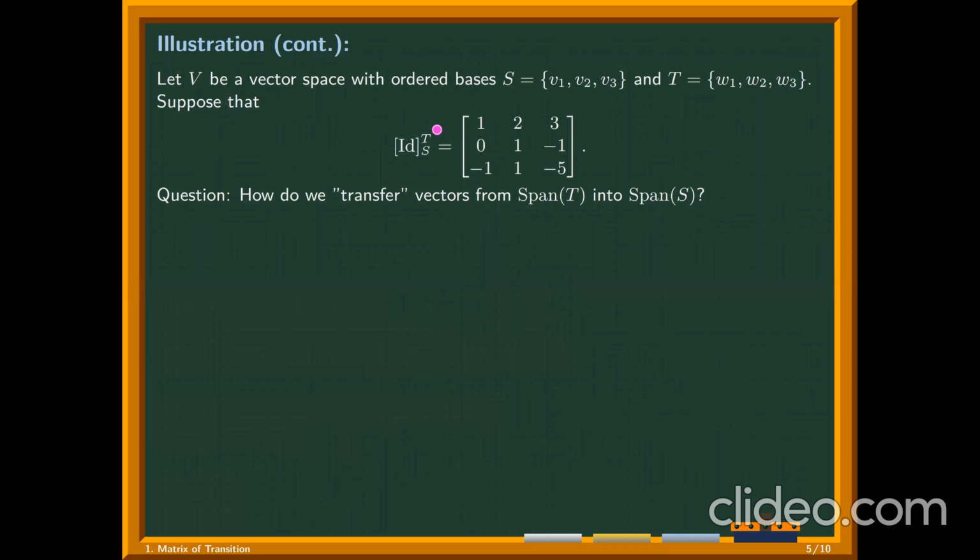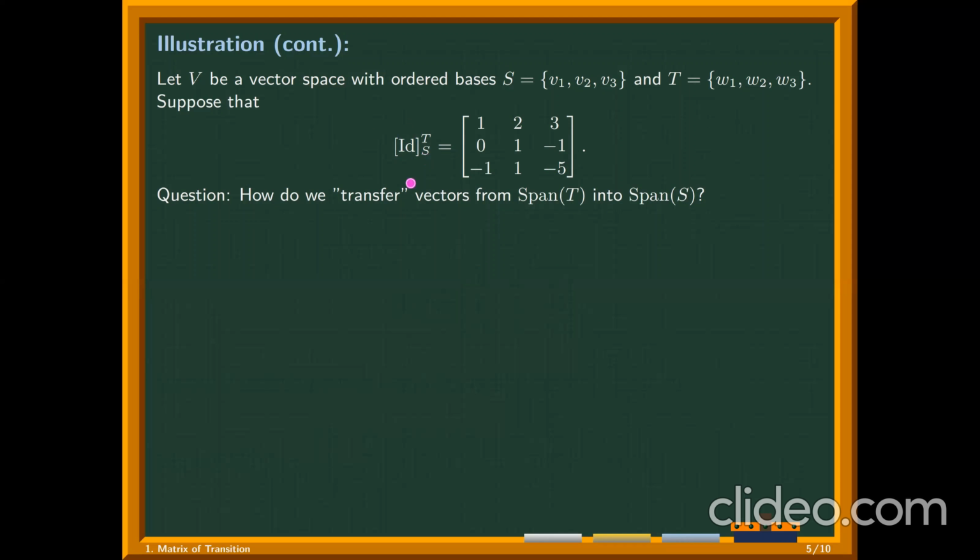So we know that this matrix allows us to transfer vectors from the span of S into the span of T. So how do we reverse that process? Meaning, how do we transfer vectors from the span of T into the span of S? Well, if W is a vector such that the coordinates with respect to T are known, then we can obtain the coordinates of W with respect to S by manipulating this formula.